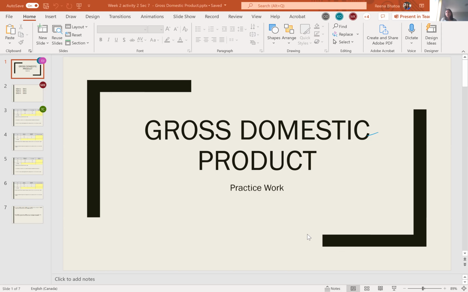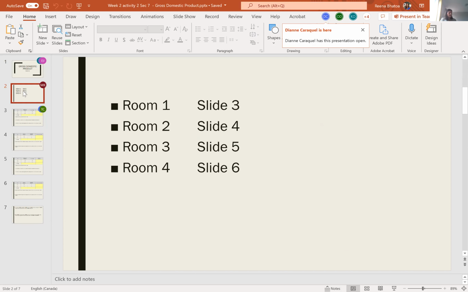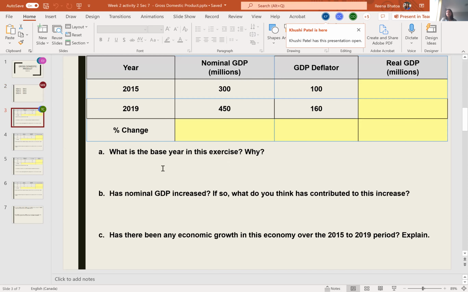So I will open the breakout room. What you are going to do is, again, check which room you are in and work on the respective slides 3 and 4. I'll show you the slide. You are going to calculate real GDP. Nominal GDP and GDP deflator, which is the price level, are given.